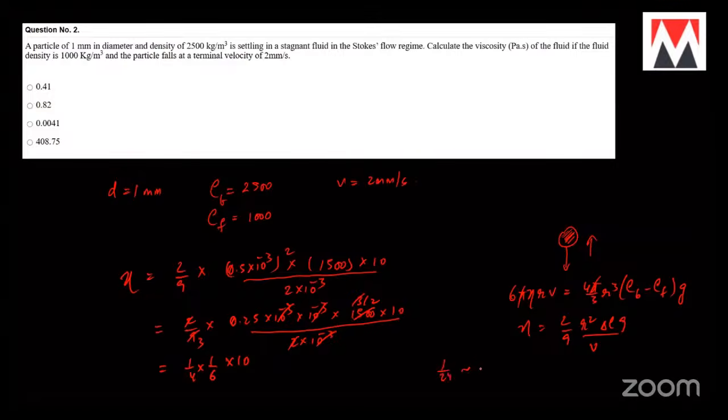One by 24 is nearly 0.04. So into 10, you'll get 0.4. So your answer will be 0.41. Units are Pascal second. Please be careful with the units. They can give poise also.